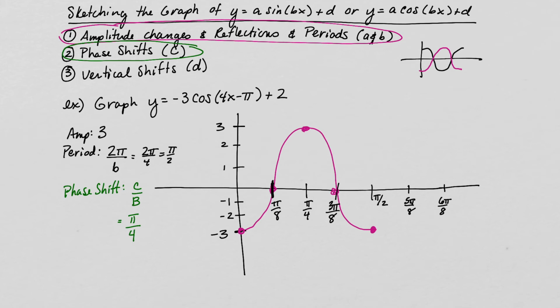So the phase shift is pi over 4. What that means is every point is going to move pi over 4 to the right. So this point here is going to move 1, 2, over to pi over 4.